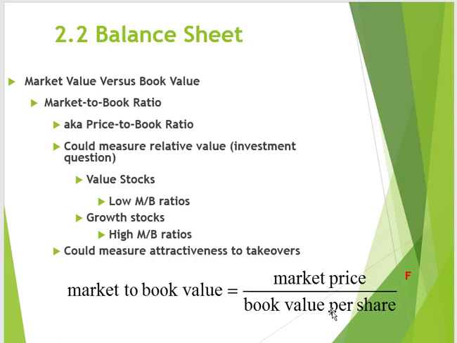So when you buy the stock, you're getting something more than what the accounting people say on the balance sheets. Now, this also gives us some inferences with respect to the type of stock it might be. High market to book value ratios are typically characteristics of growth stocks, where low numbers are more value stocks.